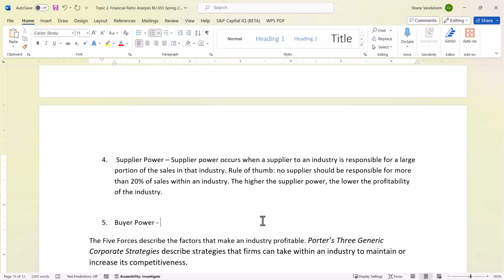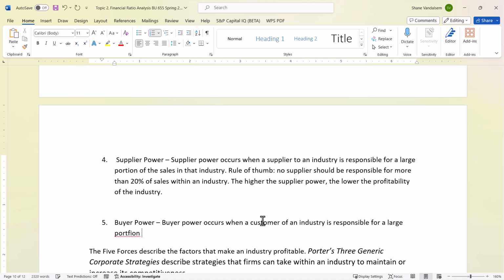Another word for buyer would be the customer. So buyer power occurs when a customer of an industry is responsible for a large portion of sales in that industry.